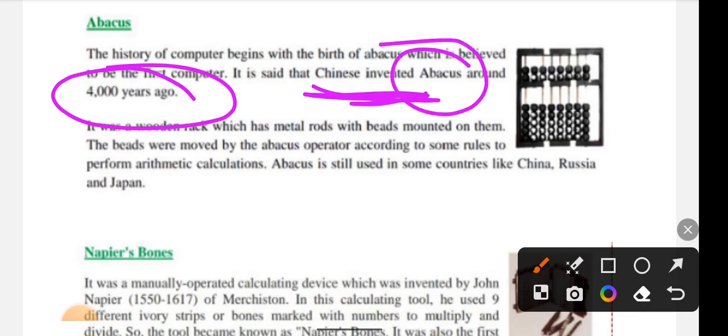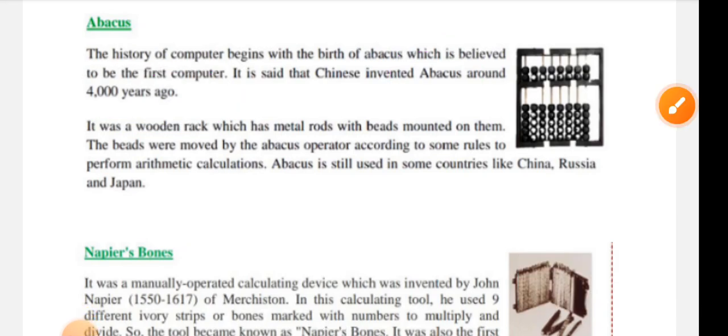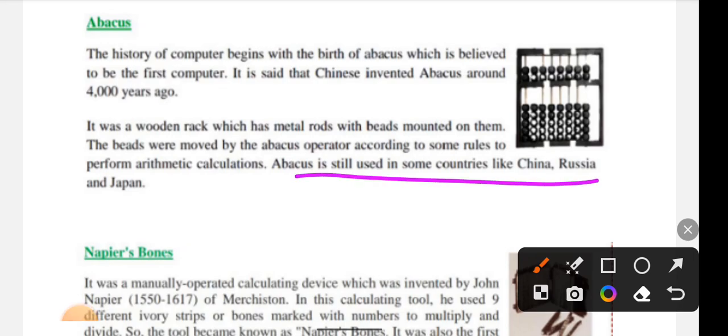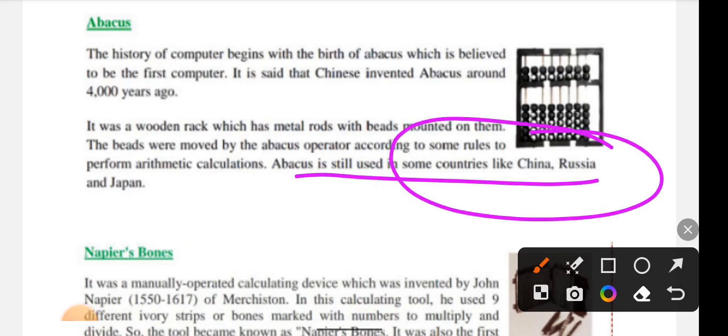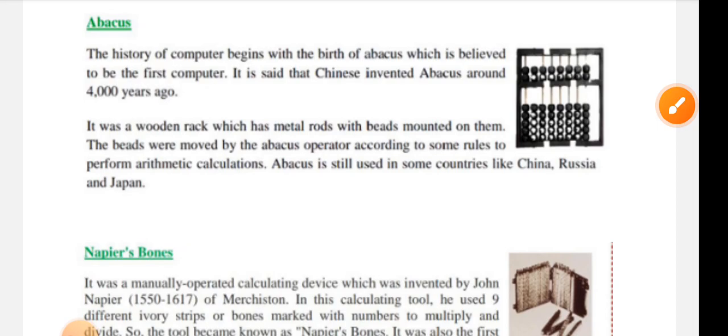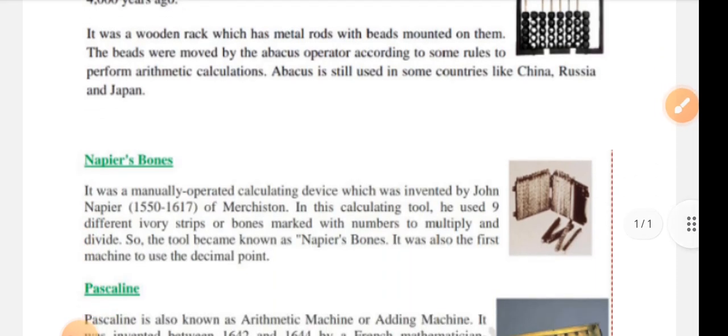The abacus is still used in some countries like China, Russia and Japan. In the abacus we used racks and metal rods for counting purposes.